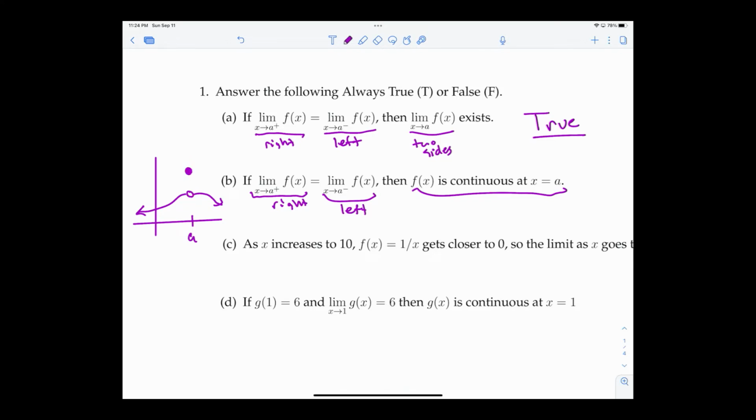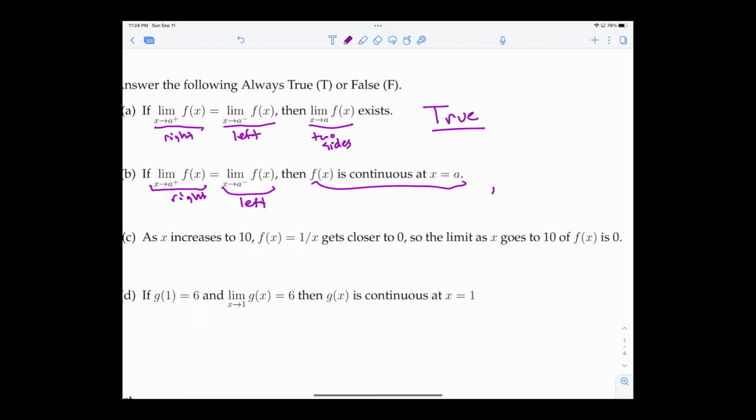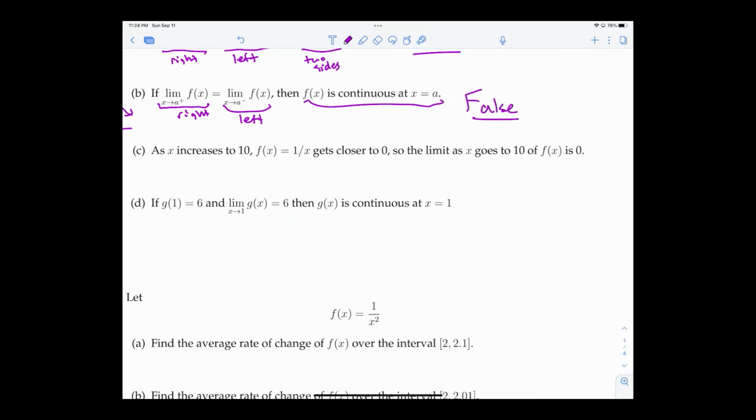To make this true, you would need f of a equals the right-hand limit, which equals the left-hand limit, and then it would be continuous. But without this, not necessarily continuous. So false. All right, next question.